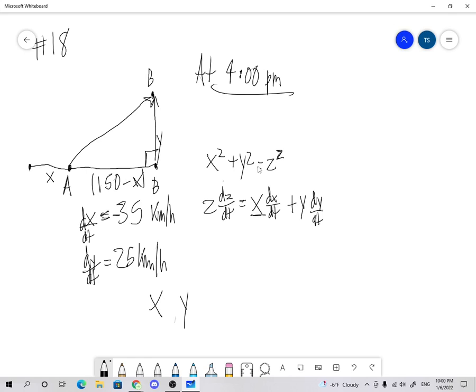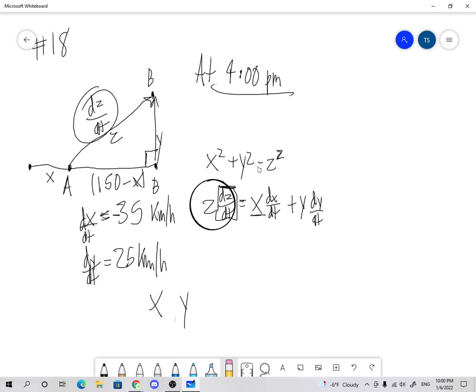Because it's great to have these values, but because we don't know what they mean, we cannot solve for z dz/dt, because that's what we're trying to solve for. We're trying to find the distance between these two, the rate at which they're changing. So this would be z dz/dt.